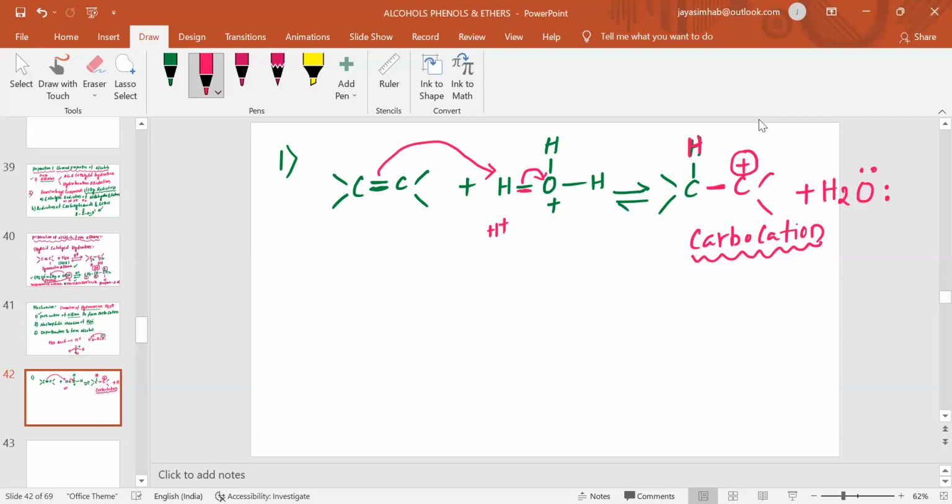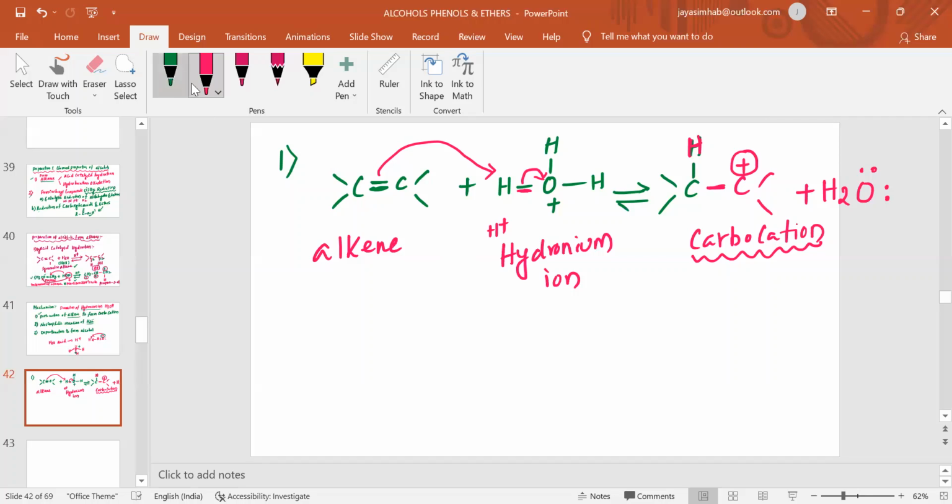So the first step is creation of a carbocation by protonation of the alkene. This is the alkene, and this is the hydronium ion. The hydronium ion is protonating the alkene, right? Because of that, the resultant product is the carbocation.